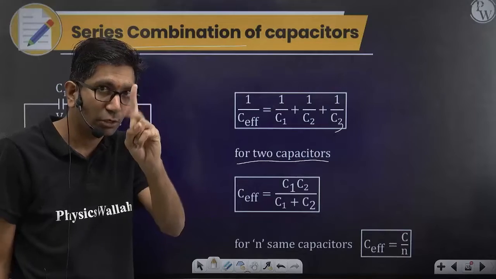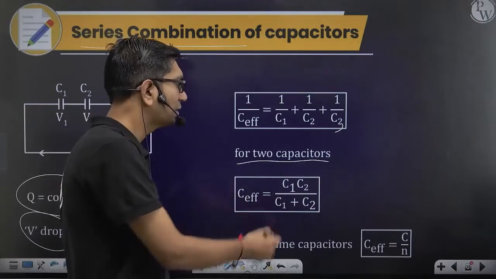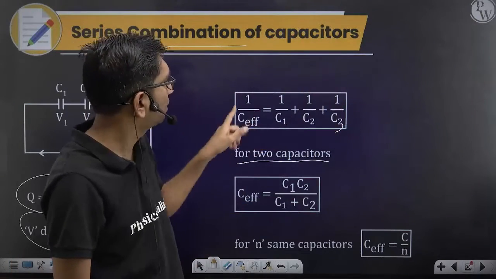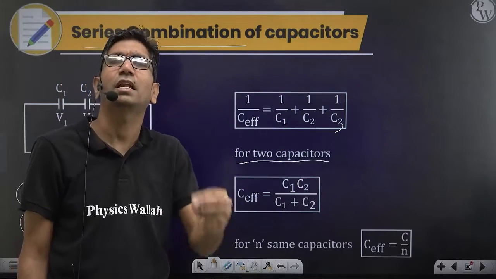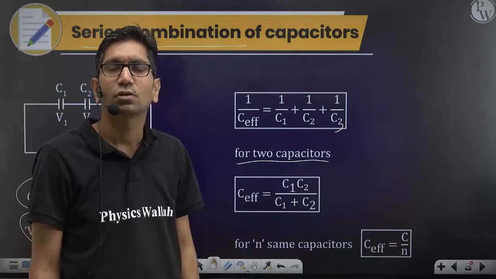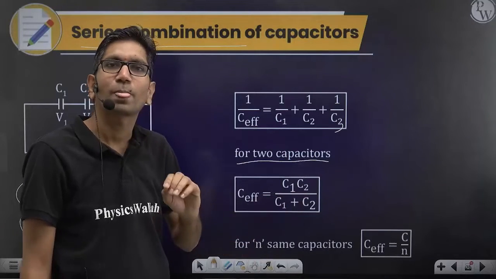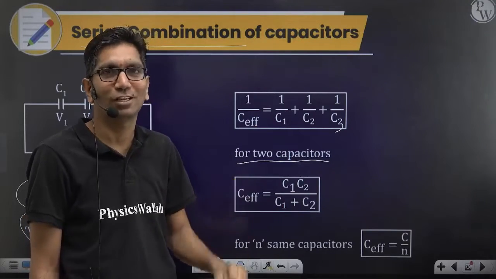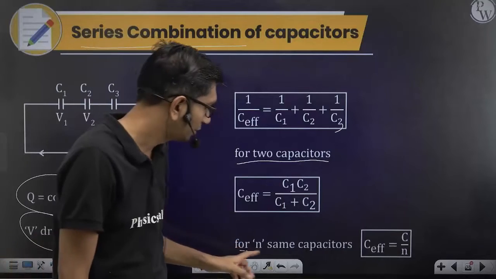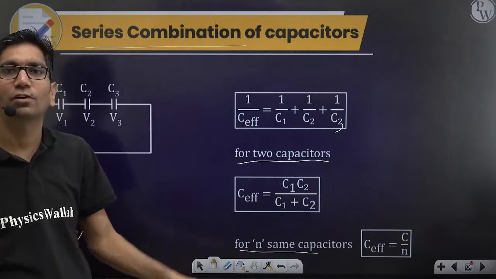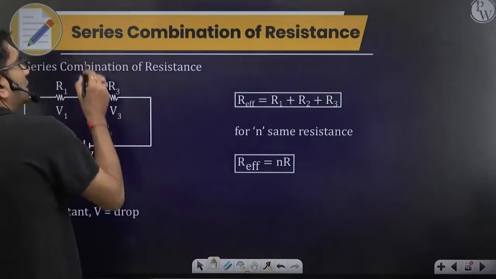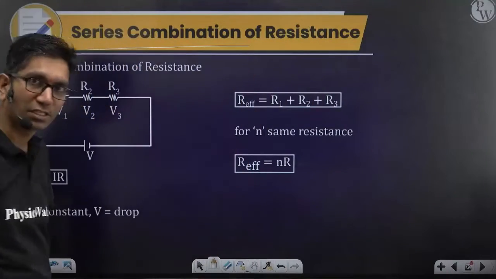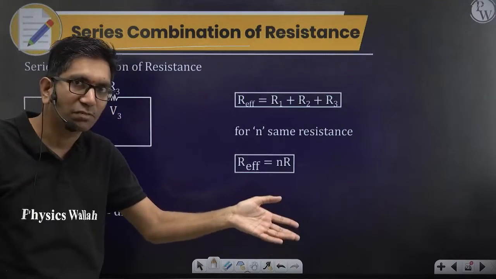Don't use 1 by C effective equal to 1 by C1 plus 1 by C2. If you use this one, it takes somewhat more time to solve the numerical. If you use the other one, it takes less time to solve the numericals. For n same capacitors, C effective becomes C by n. Remember this one.